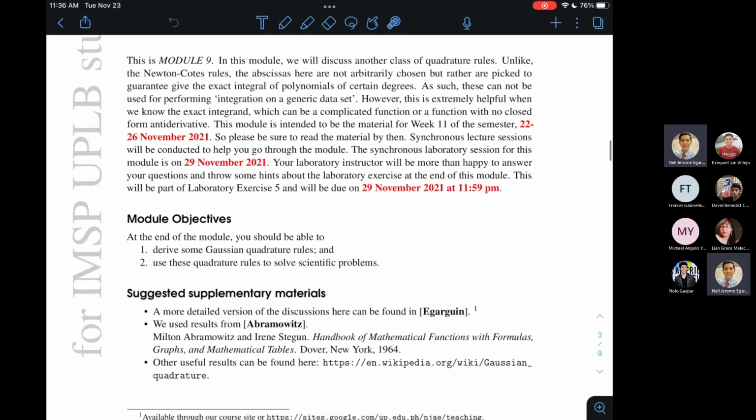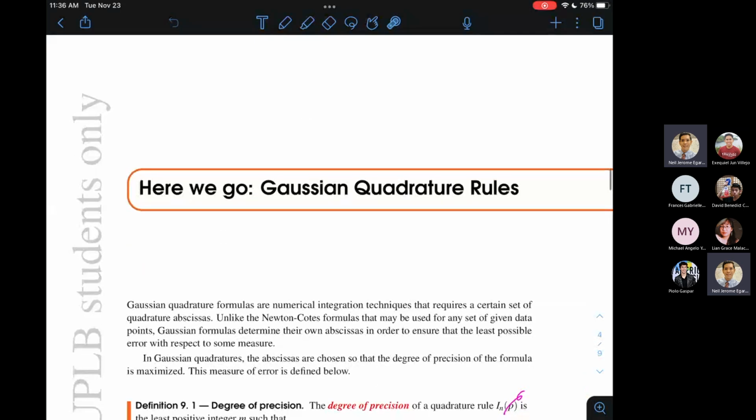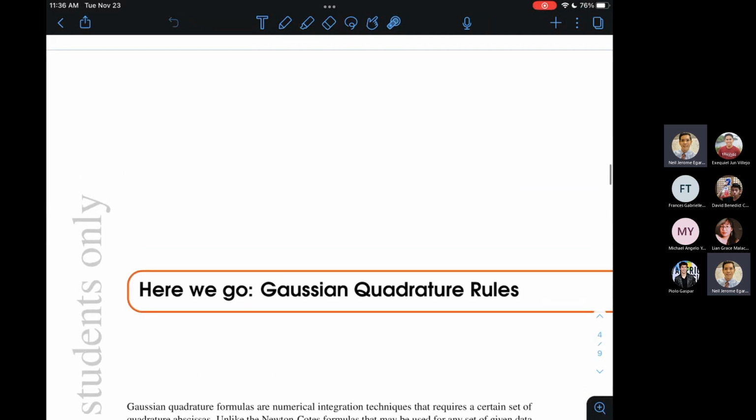Okay. But with that, let's start. Let's discuss Gaussian quadrature rules. Last time we characterized what quadrature rules are. We said that a quadrature formula for an integral is actually a linear combination of the function values, right?